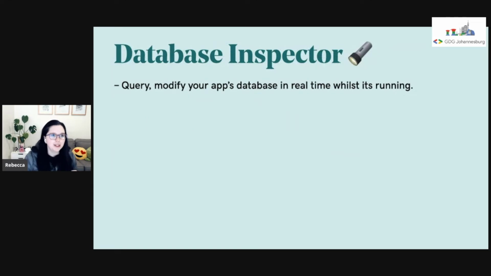So looking at the database inspector. This is something that is really exciting for me because I have been trying to find a database tool that works nicely with Android projects, and it just hasn't been there. I've used every single tool that's been available, and finally there is now one that is built into Android Studio, which is amazing.